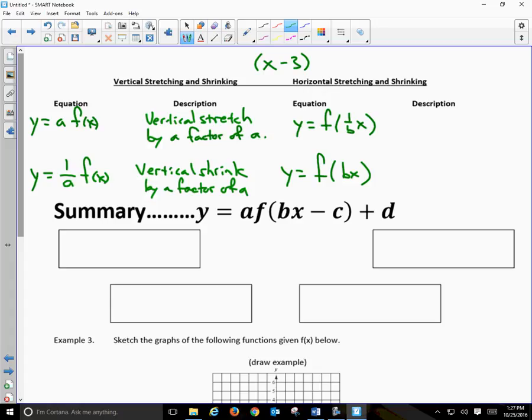So if it's on the inside and you see a number less than 1, it's not a horizontal shrink, it's a horizontal stretch.